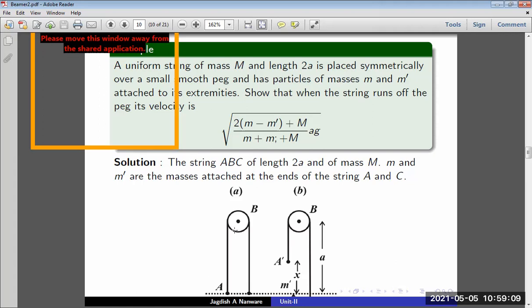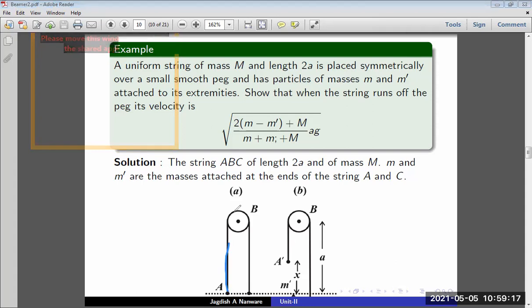The string ABC is shown like this in the figure. Let ABC be the string whose length is 2a and mass is capital M. Small m and m dash are the masses attached to the ends of the string A and C; see the figure.